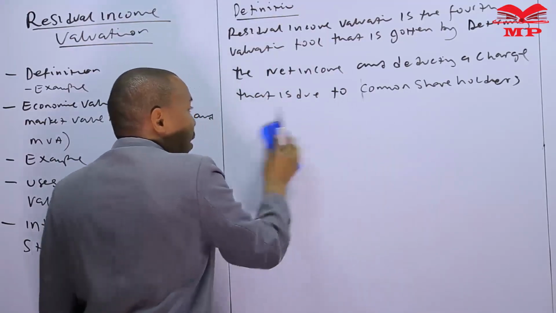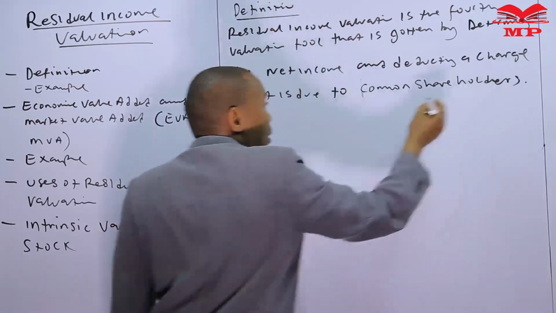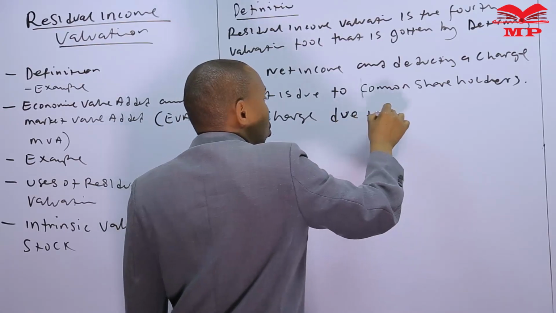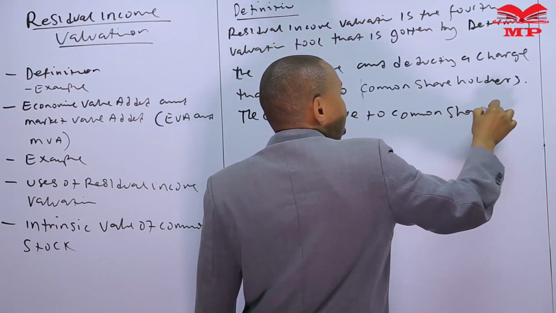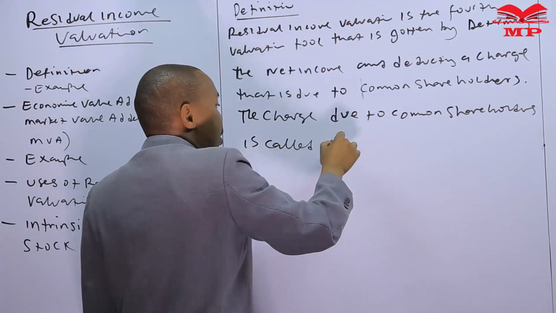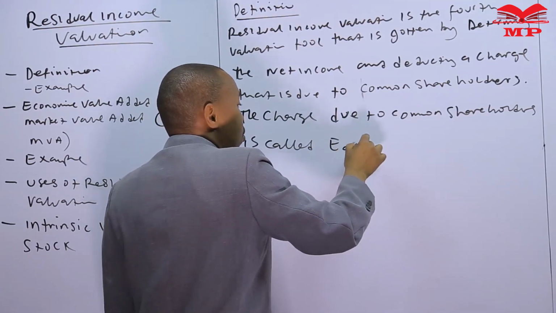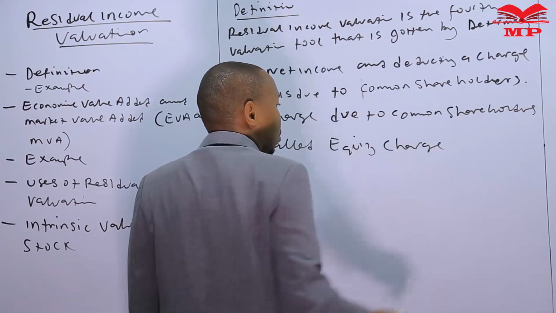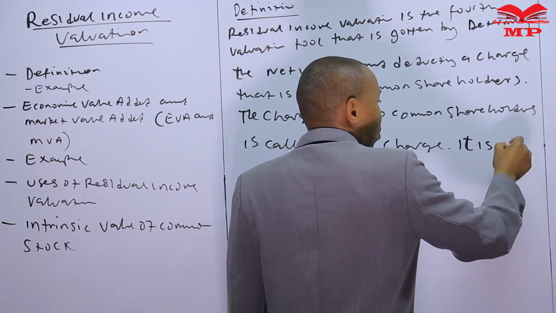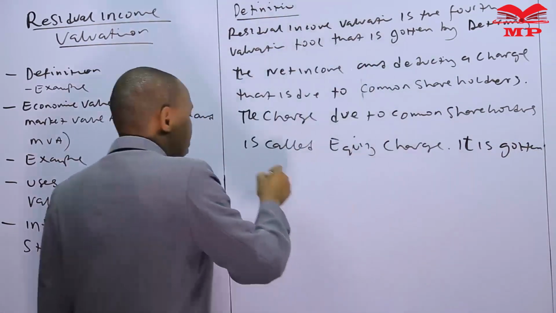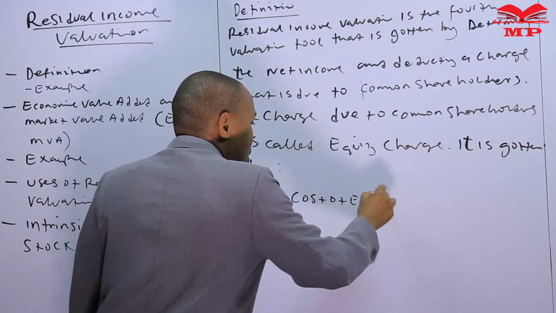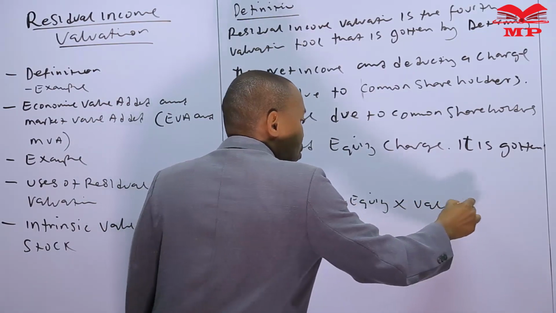We can explain it further: the charge due to common shareholders is called equity charge, which is gotten by cost of equity times value of equity.